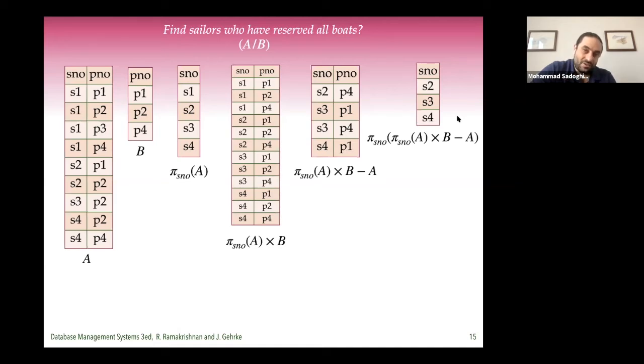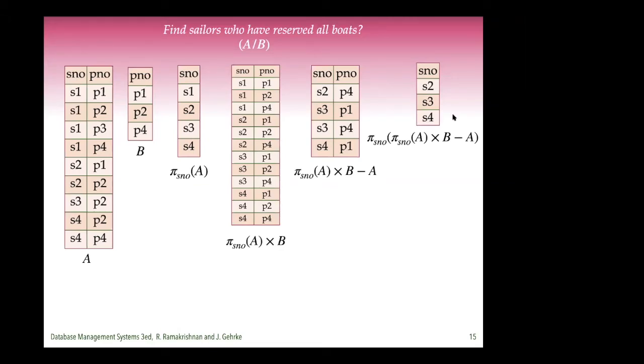So this is the list of sailors who didn't reserve at least one boat. Now the question that we want to answer is the list of sailors who reserved all boats. So what is that final step? This is the list of sailors who didn't reserve at least one boat, and we want the list of sailors who reserved all boats.